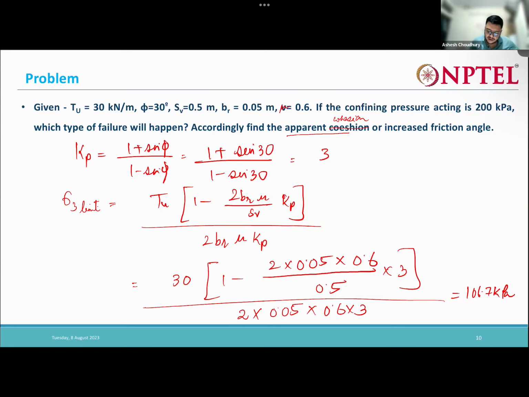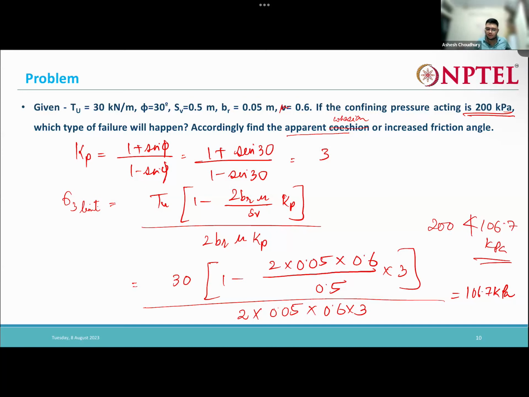Now, if our sigma 3, the confining pressure acting, is less than this value, then frictional failure occurs. That is the pull out or the frictional failure. So our 200 is obviously not less than 106.7 kPa, isn't it?